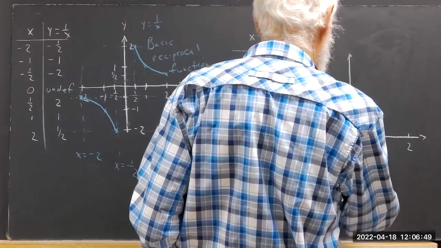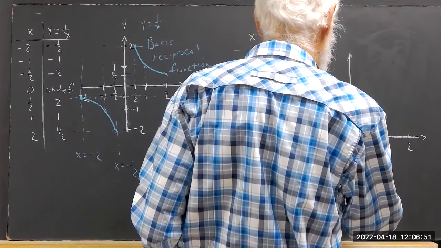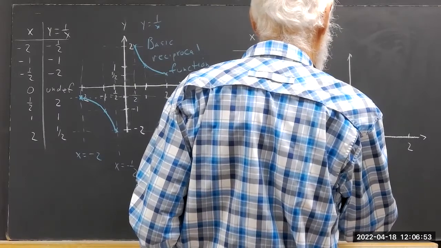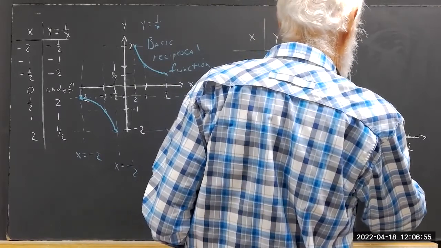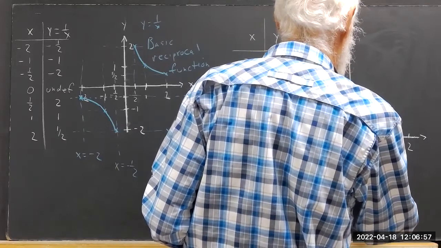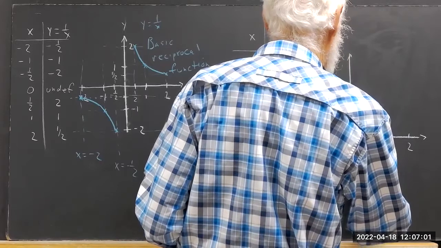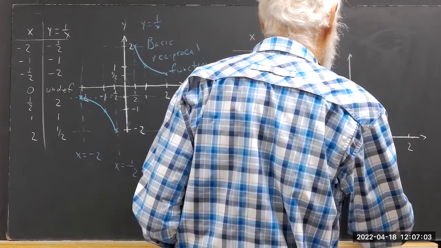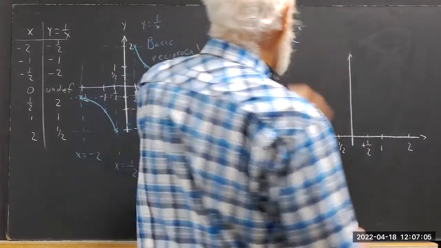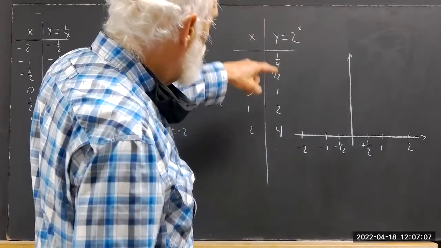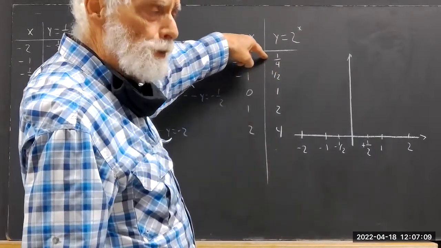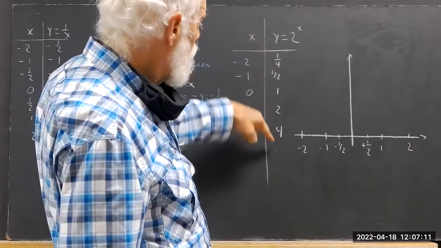And we'll say more about that on Wednesday. Now we label our axis by subdividing. And then we label our y-axis. Now our y values go from pretty close to 0, like at 1/4, all the way up to 4.